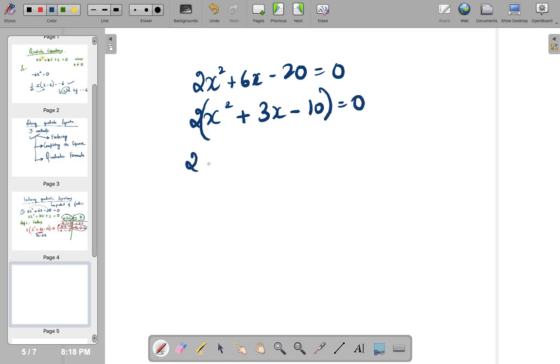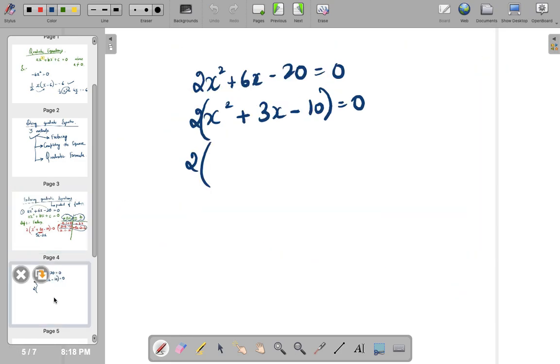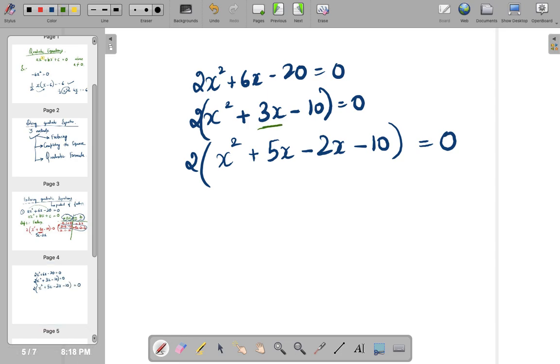And we took the factors as, what are the factors we got? 5x minus 2x, right? x square plus 5x minus 2x minus 10 equal to 0. I just replaced 3x by 5x minus 2x by finding the factors. If you solve it, you have to get back the previous one. Okay? Now let's move to the next step.